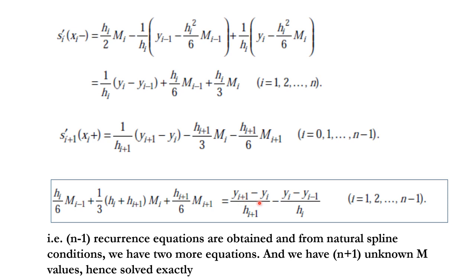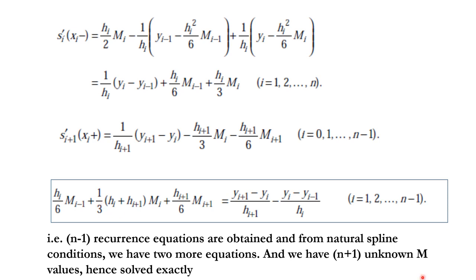That is not given either. We are given a set of values from 0 to n. So for 1 to n minus 1, n minus 1 recurrence equations are obtained using this equation.